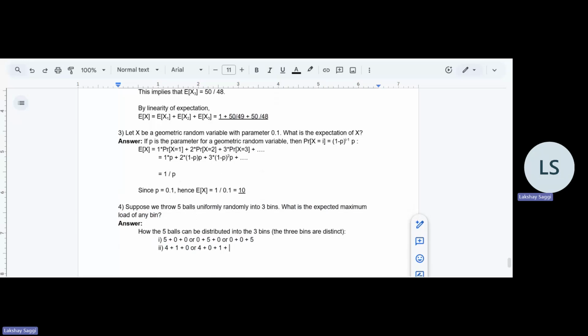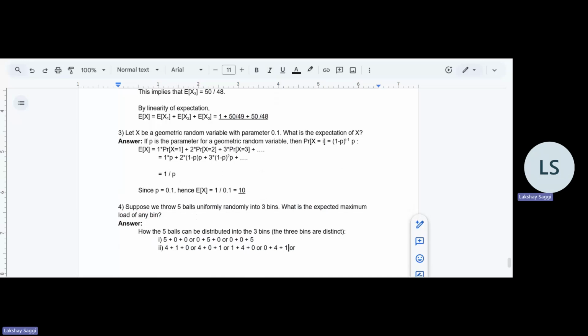So either the first bin has 4 balls, or let's say the second bin has 4 balls. Then the first bin can have 1 and the third can have 0, or the first can have 0 and the third can have 1.